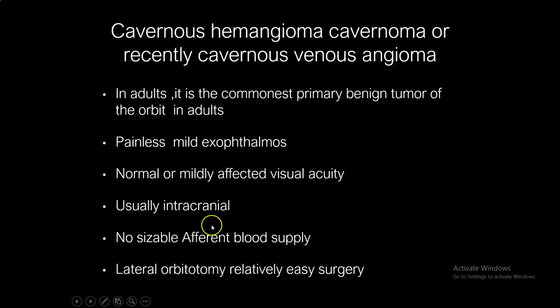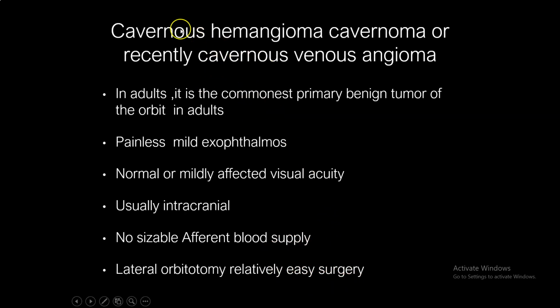Look for intracranial cavernomas also, and there is no sizable afferent for the blood supply. As you know, all the cavernomas have minimal or no afferent blood supply. If you do an angiography, it will be negative, and you can remove it via lateral orbitotomy very easily, and I'll tell you how.